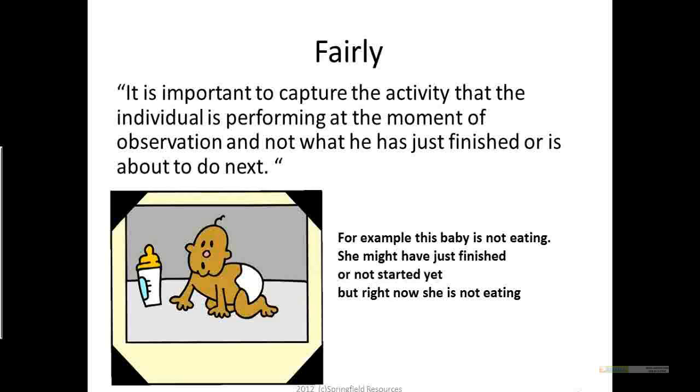And I have a scientific picture here of a baby, as you can see. She's not eating right now. She may have just finished or may be starting, but right now she's not eating. So if we were doing work sampling on baby eating, this would not count as a baby eating. This would count as the baby sitting there.